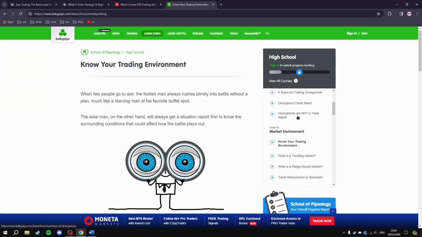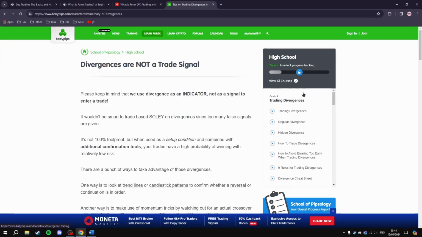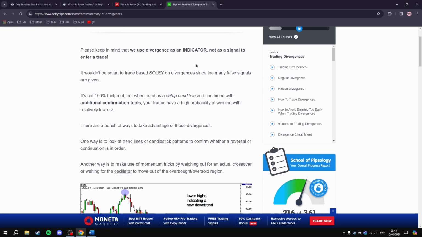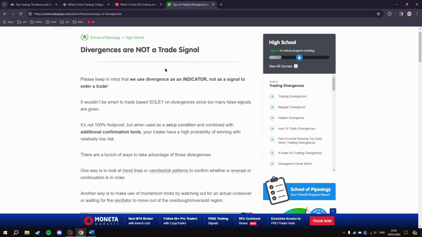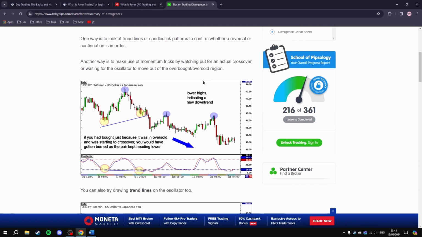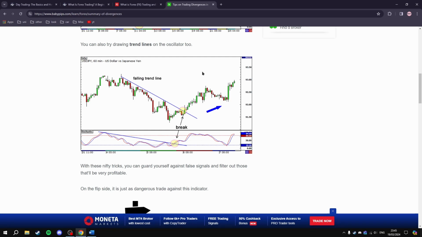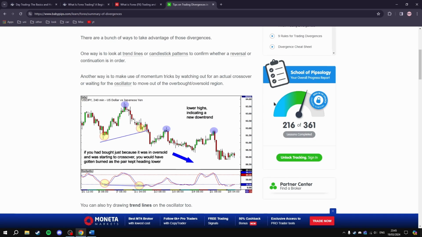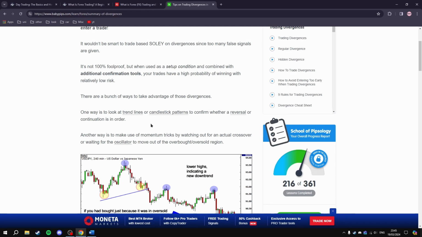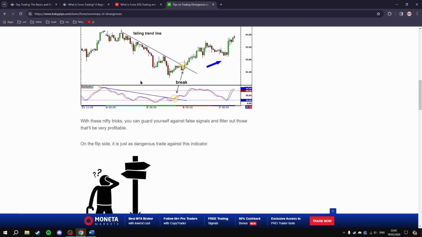So in the last video we finished off the trading divergences lessons. We learned that basically divergences are not a trade signal but just used as an indicator. So you're meant to combine divergences with other indicators to use, like candlestick patterns or trend lines.